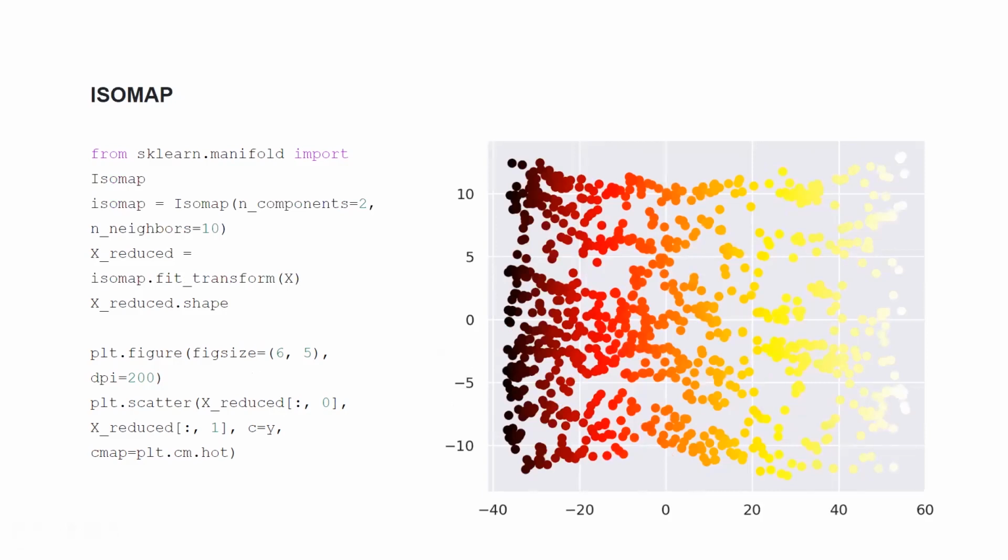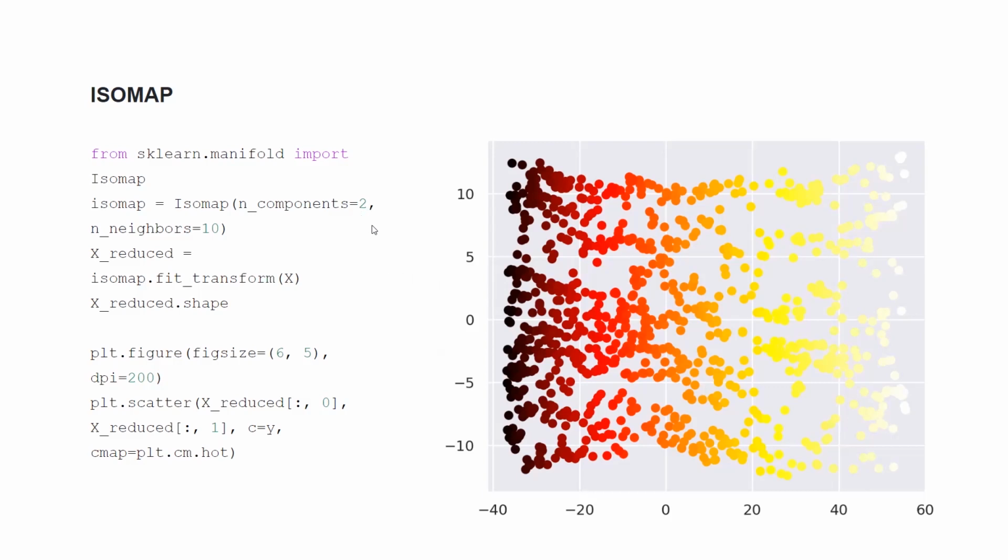Okay, now we're going to the simulation of Isomap. First, we import Isomap from the scikit-learn package, and then we set the parameter n_components to 2.